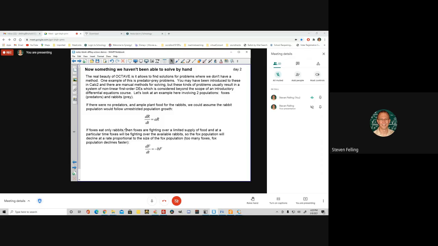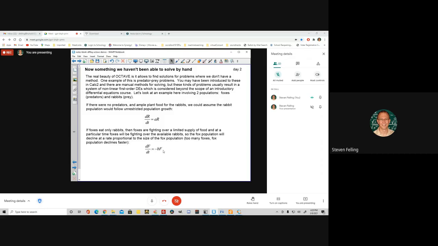And then let's make an assumption that if foxes eat only rabbits, then the foxes are going to fight over the current supply of rabbits as food. And at a particular time, since they're fighting over the available rabbits, the fox population will actually decline at a rate proportional to the size of the fox population. Since rabbits are definitely going to be a limited resource, if there are too many foxes, then there will be a decline in the number of foxes in the next time period because there's not enough rabbits to go around.